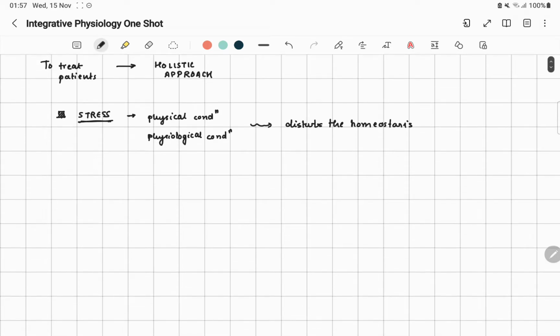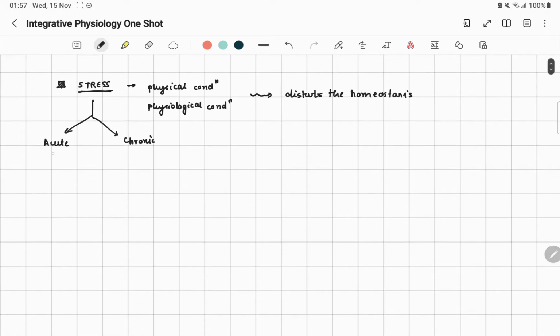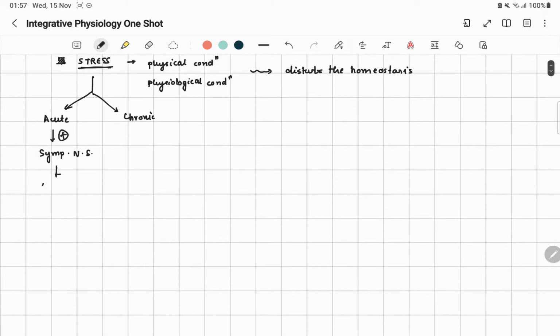Stress may be acute or chronic. In acute stress, the body responds by stimulation of the sympathetic nervous system, which generates the fight or flight response.